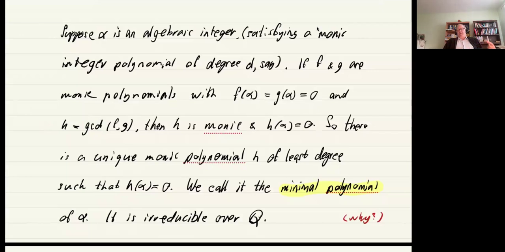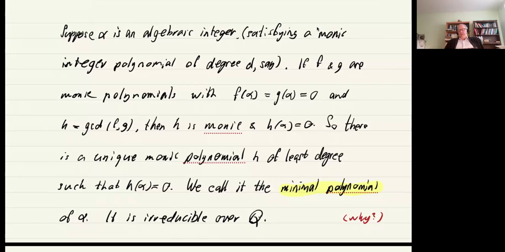This is literally the same proof as when you prove there's a unique minimal polynomial of a matrix. It's a monic polynomial of least degree, and you use the GCD argument, so it's essentially the same proof. Now, the other comment worth noting is that this polynomial H would be irreducible, because if it factors over the integers into two polynomials, then alpha must be a root of one of those two factors, and so H didn't have minimal degree.